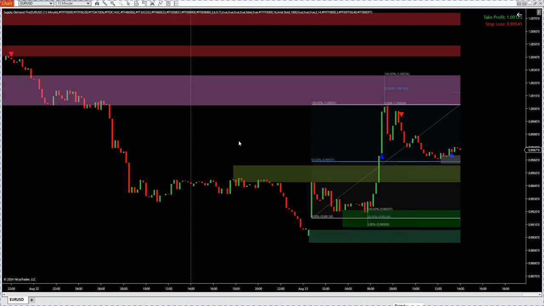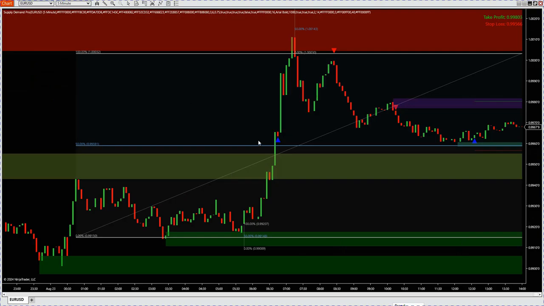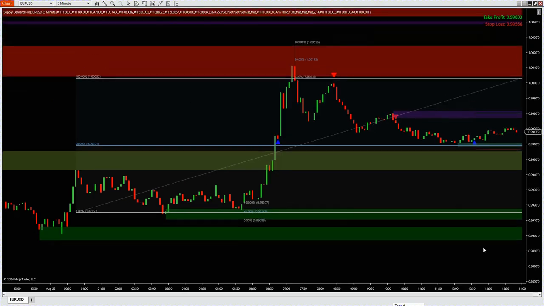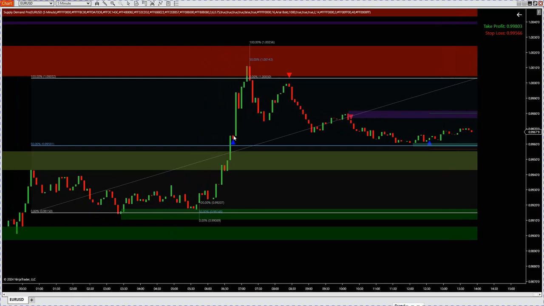Another nice thing about this indicator is how flexible and versatile it is. Up to now, we've been using the 15-minute time frame to demonstrate the way it's used and the way the zones are plotted. But I can change this and bring it down, let's say to the 5-minute, and we can see it makes some changes. It added a zone here, and the price levels we plotted are consistent with what we saw in the 15-minute.